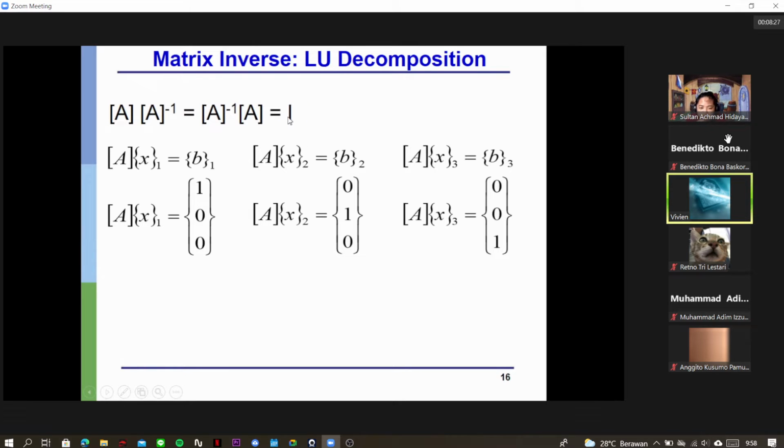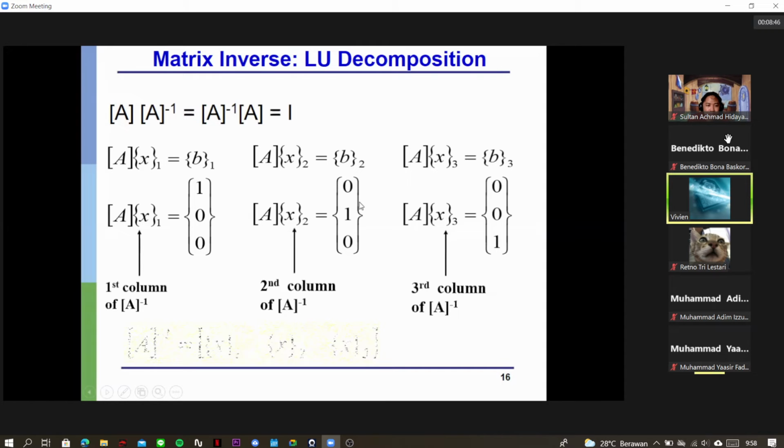The right-hand side vectors will be the columns of the identity matrix, so the resulting vector will be the corresponding column of the inverse of the matrix A.